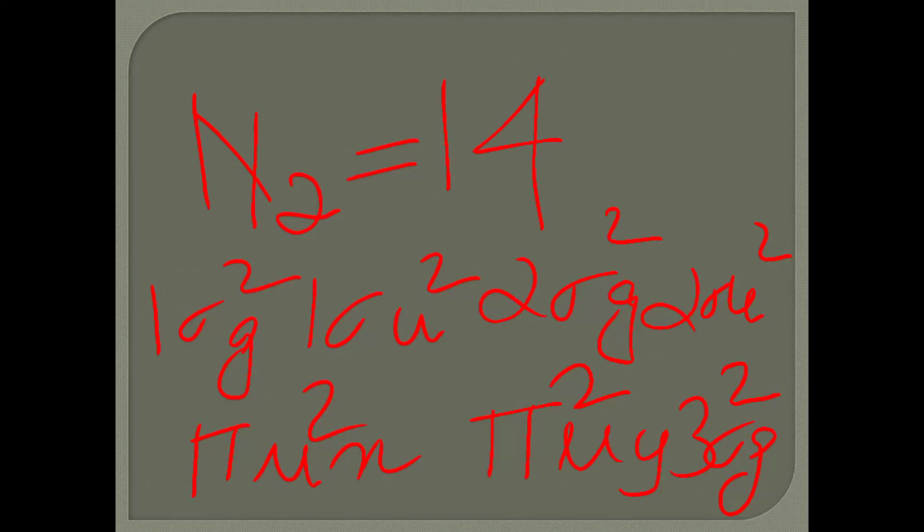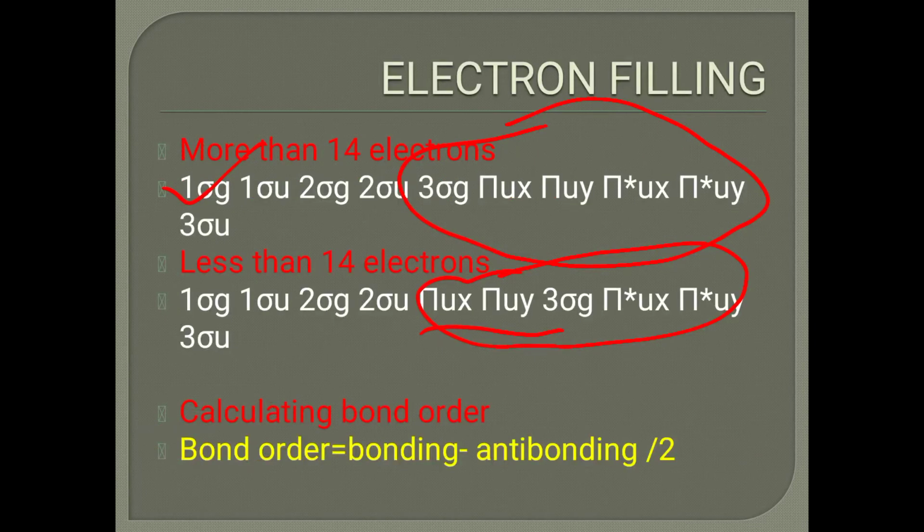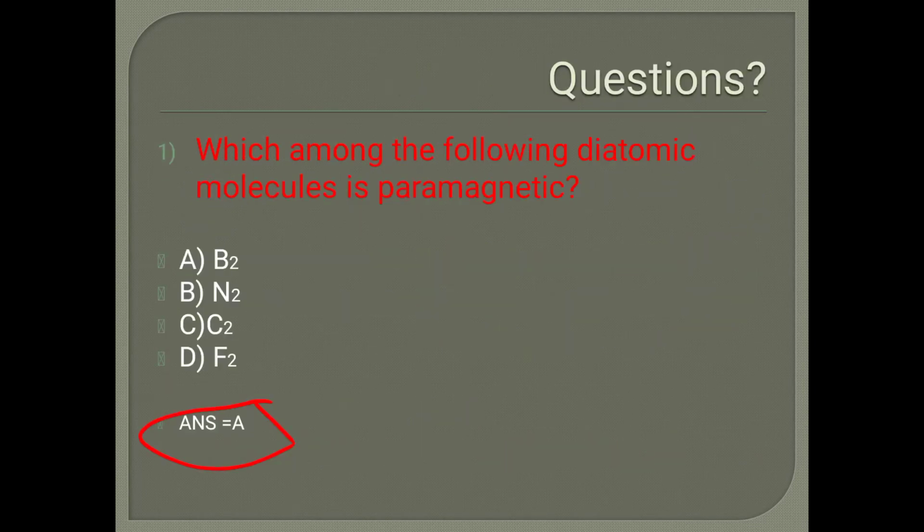Count the total: 2, 4, 6, 8, 10, 12, 14. So all are paired, so this is diamagnetic. Similarly, the rest are all diamagnetic: carbon C2 is also diamagnetic, F2 is also diamagnetic. So the only one that is paramagnetic is B2.